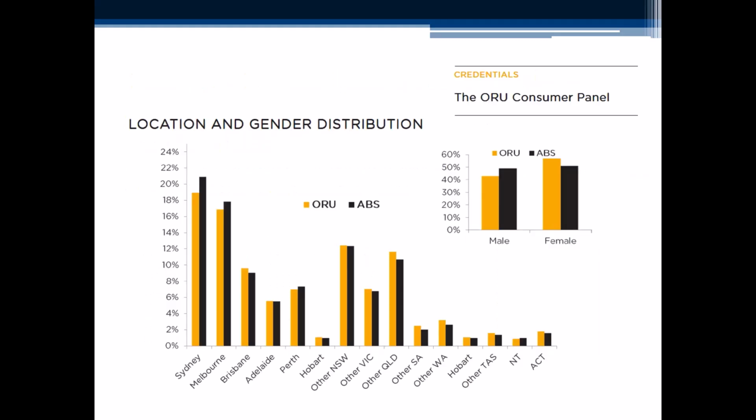You can also come back and look at the distribution that you've got within your sample relative to established characteristics within the wider population.